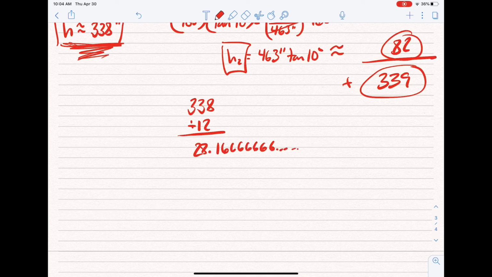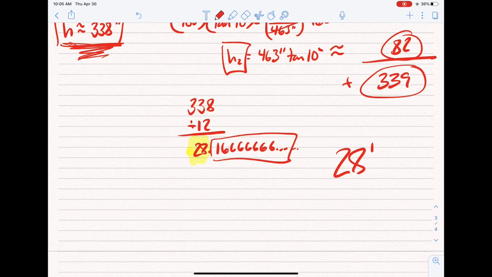So what does that tell me? It tells me this is my number of feet. I've got 28 feet. But then I've got this other part right here. To figure out how many inches that is, because that's not 1 inch, that's not what 0.1666 means. It doesn't mean 1 inch, it doesn't mean 2 inches. It means a specific number of inches.